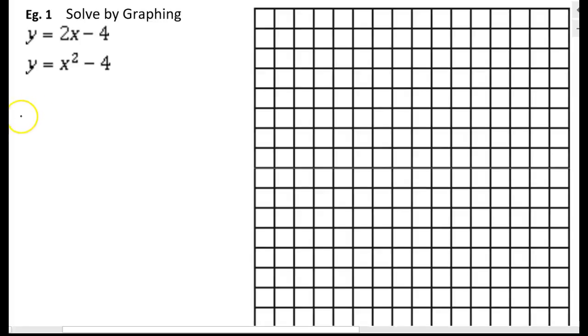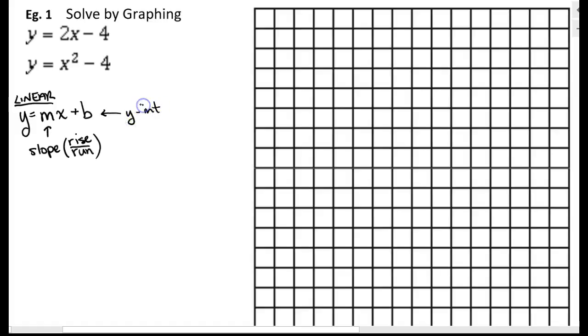So recall that when I talk about a linear equation, I talk about y = mx + b, where m is slope, which can be represented by rise over run. And b is my y-intercept.